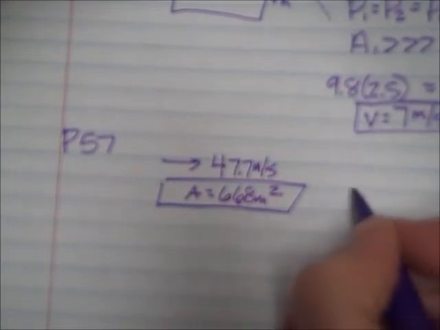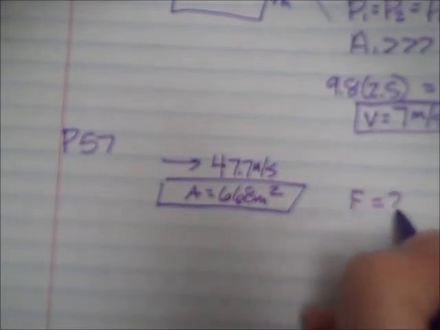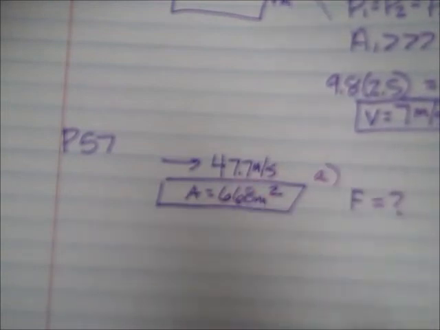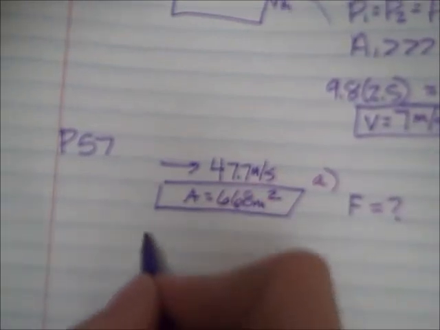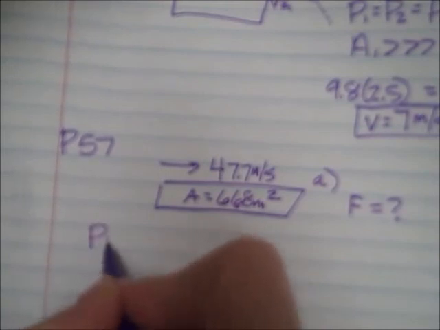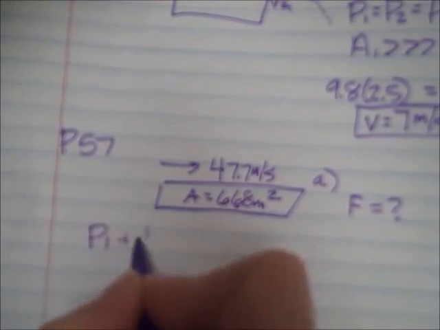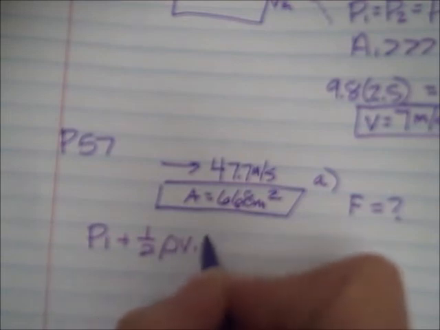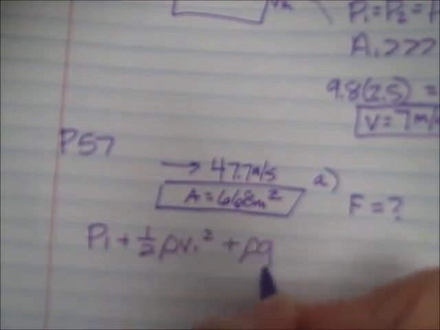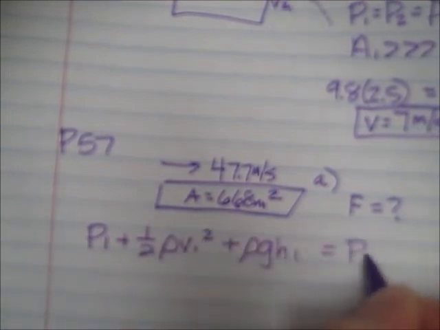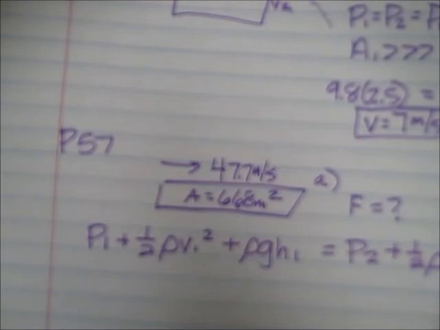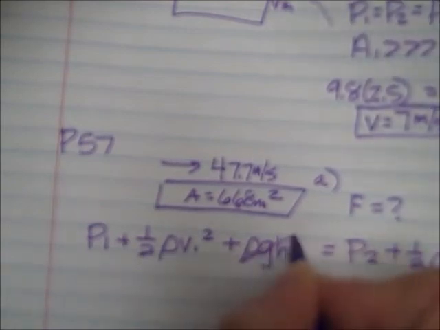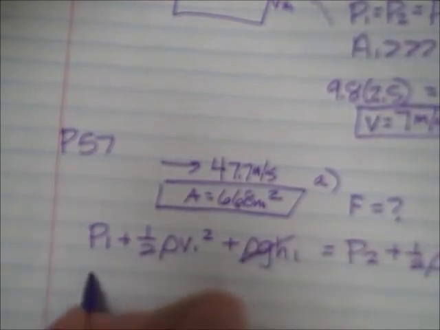They want to find the force exerted on the roof as a result of this wind. In order to do that, I used Bernoulli's to get the pressure differential, where the heights cancel because they weren't changing.